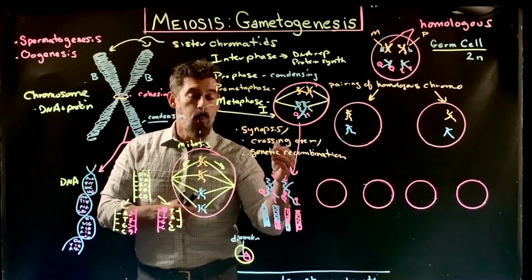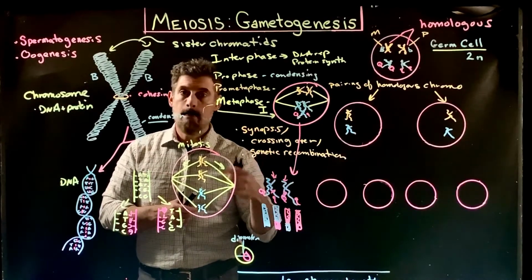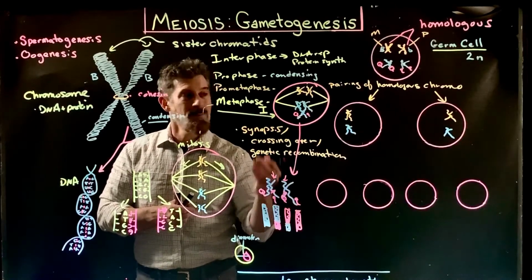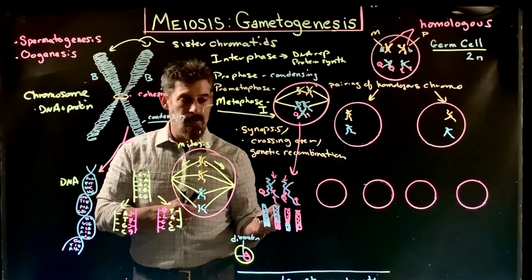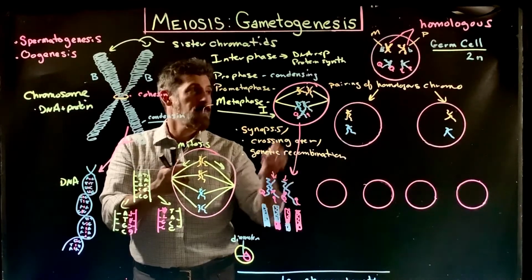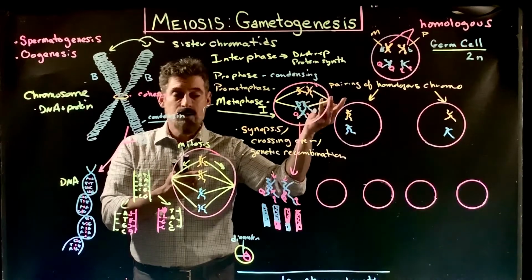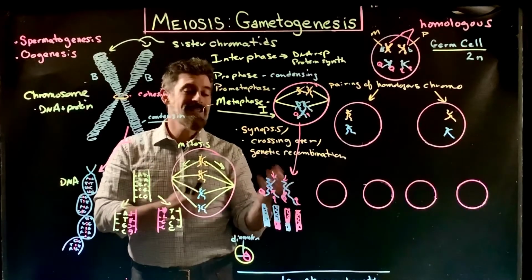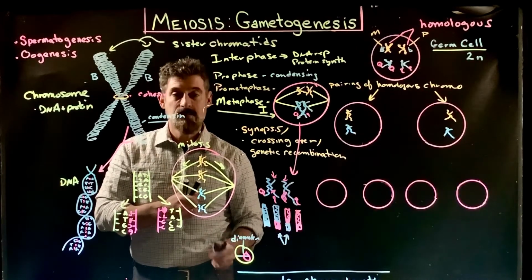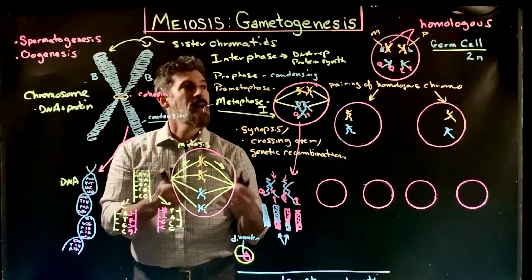Now that's one crossing over event. Crossing over can happen multiple times on a chromosome and in all sorts of different locations along the chromosomes, which essentially means any of the genes between the 2 homologous chromosomes can be swapped to make these hybrid chromosomes like this. So this is a very important part of meiosis.